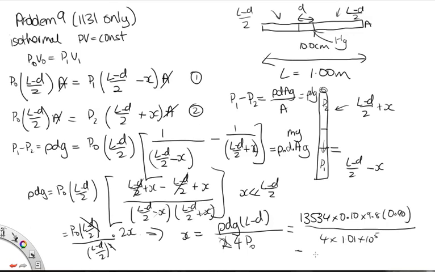Solving this on the calculator, we get 0.0295 meters, which is equal to 2.95 centimeters. So that's how much it moves in the isothermal case.